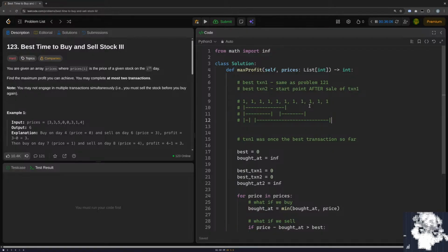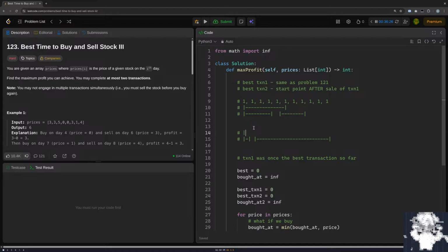And if you're going in from both directions, like the left side might consider this, and then this, and then this.